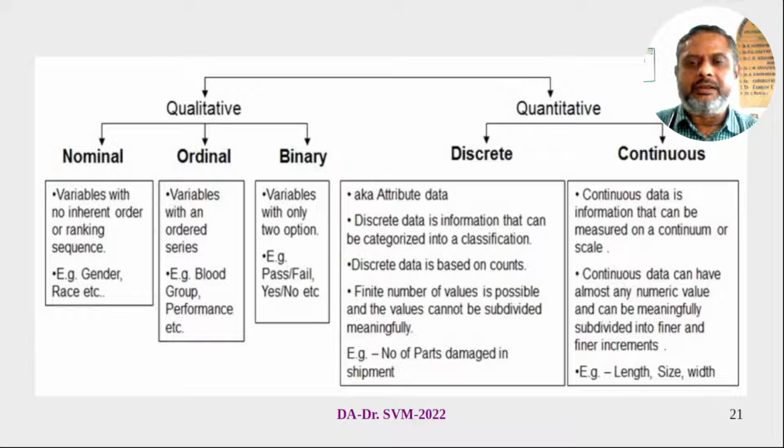On the other side, continuous is the one whose measurement is a continuum or scale. So data can have any numeric value, and that can be further subdivided into finer and finer increments. An example may be length or distance.